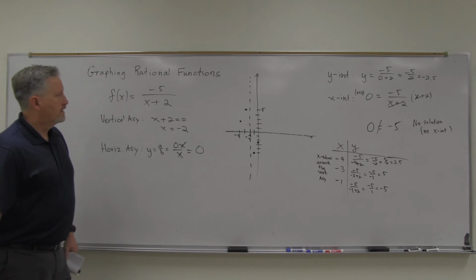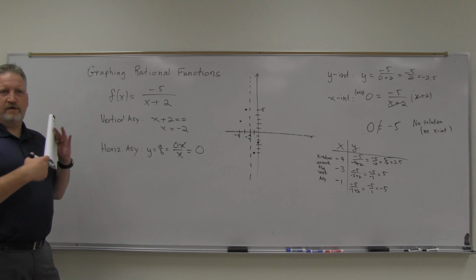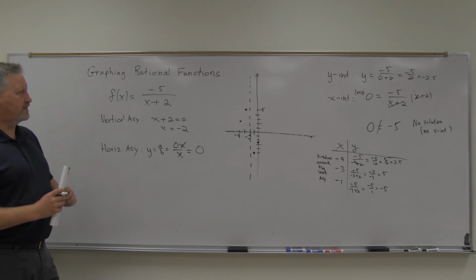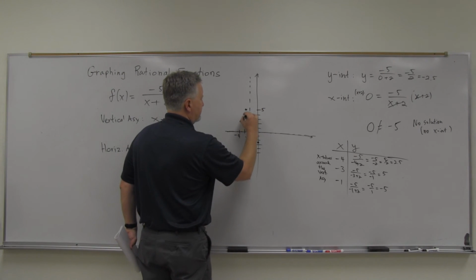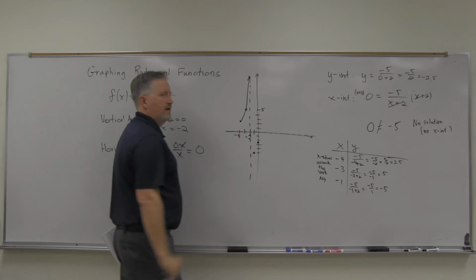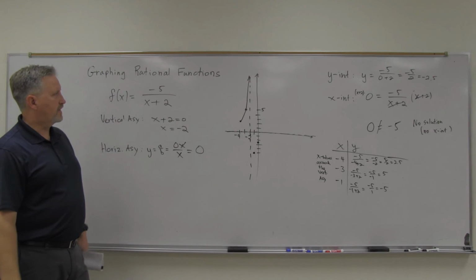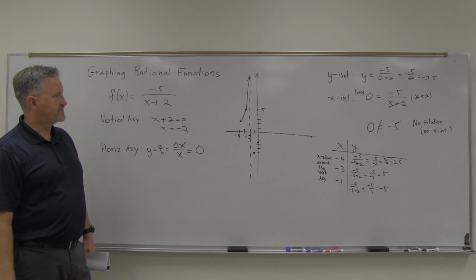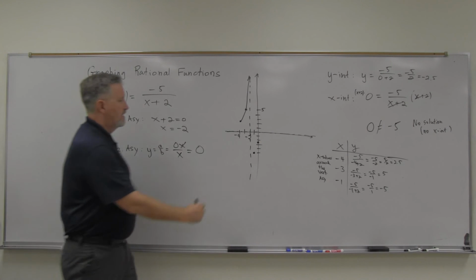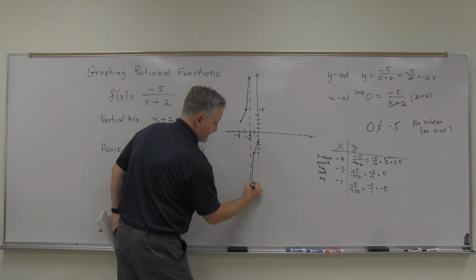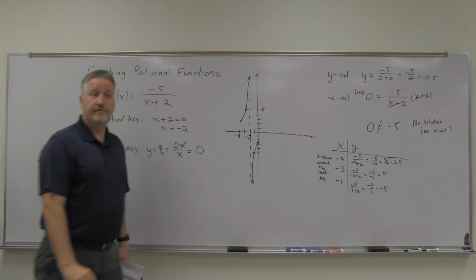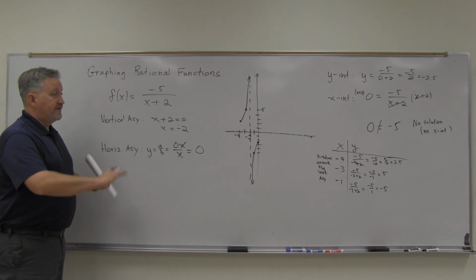So what we know about vertical asymptotes, I think this should be sufficient, because as we go towards the vertical asymptote here, it looks like the direction we're going is up towards that vertical asymptote. On the other side of the vertical asymptote, these points seem to indicate the direction is down. Fill out the rest of the graph.